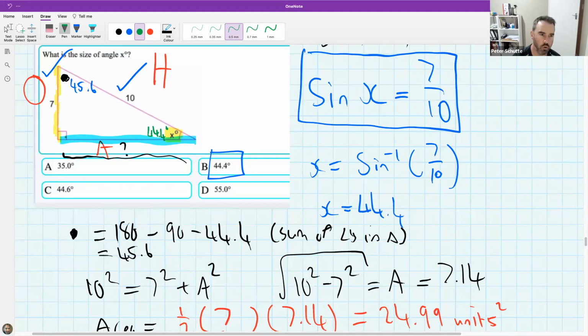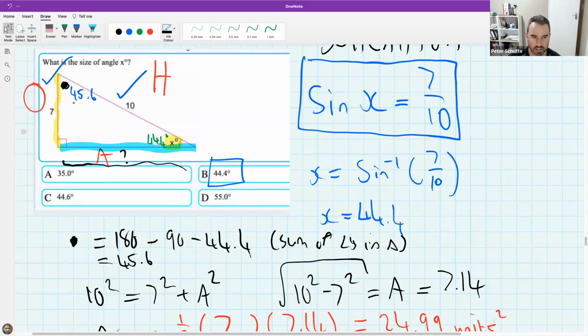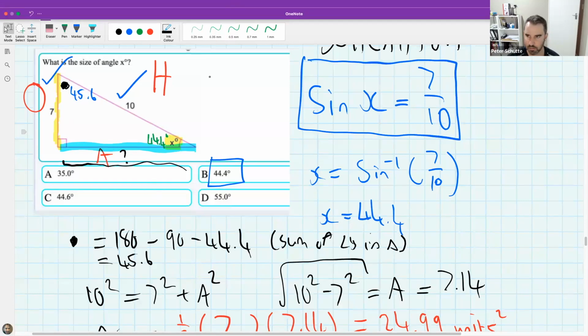So you could call this the base and this the height, or the other way around, depending which way you're looking. The longest side in a right angle triangle is always the hypotenuse because it's opposite the biggest angle. So the height is not always the longest side. A height is simply measured at a 90-degree angle to a base. Okay, so I hope that helps, Rafense.